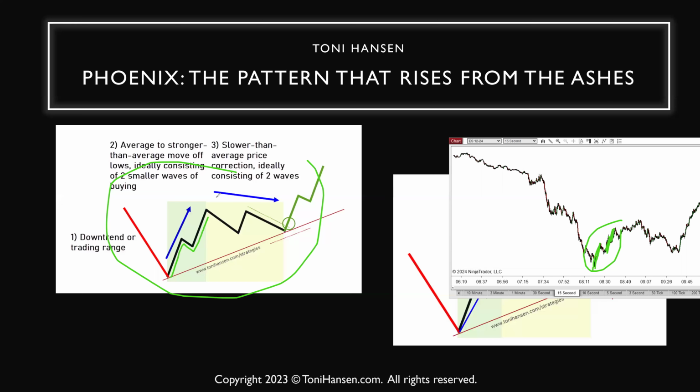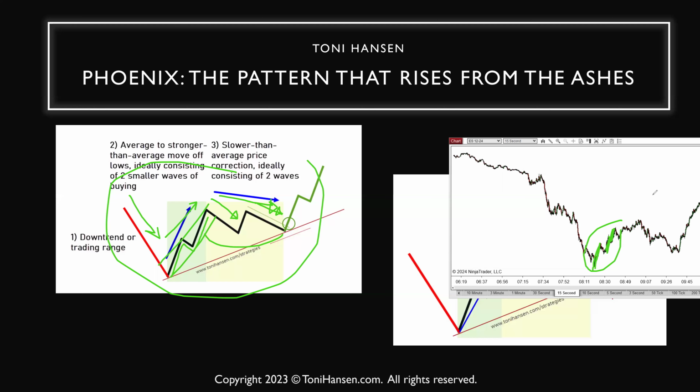Another variation that you'll notice is that in a Phoenix, for a core template trade, you want two waves of corrective action. Ideally, that whole pullback should be slower than the upside move. So you want a stronger move, a little bit slower upside move, and then an even slower correction for the core template.